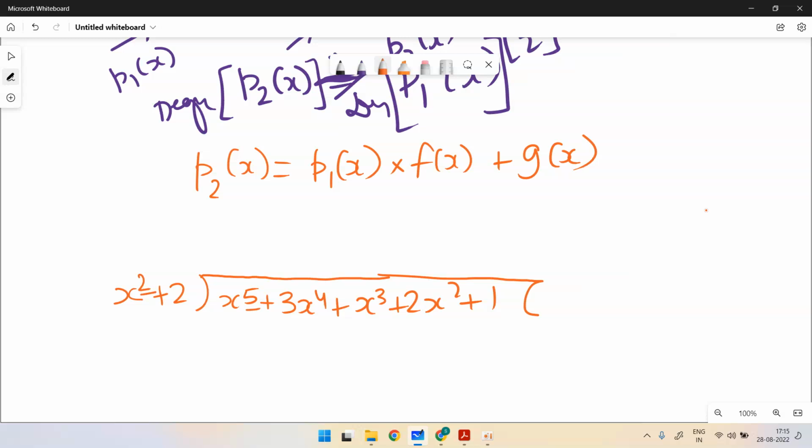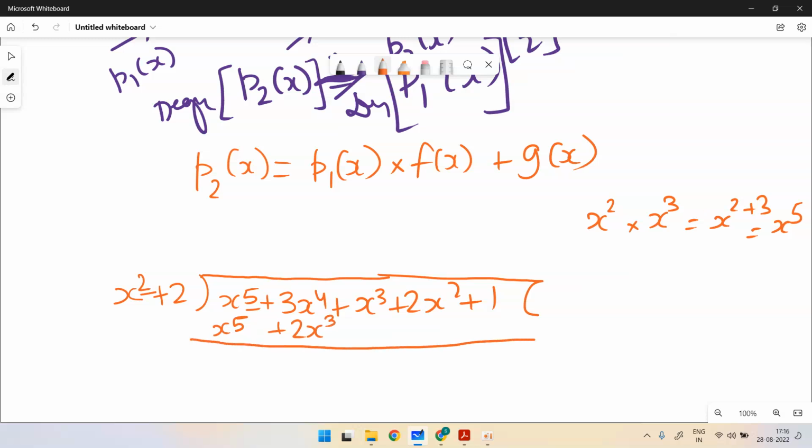How much do you have to multiply x^2 by to get x^5? It is x^3. If you multiply x^2 by x^3, the powers get added, 2 plus 3, giving x^5. So multiply this by x^3.